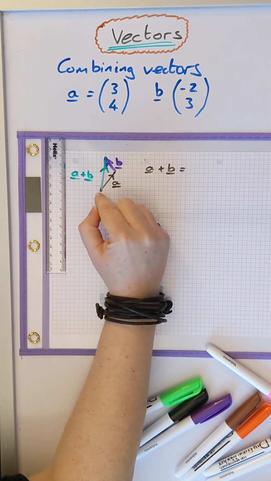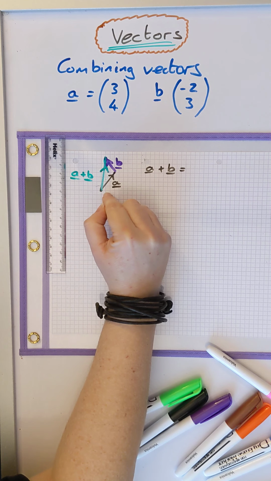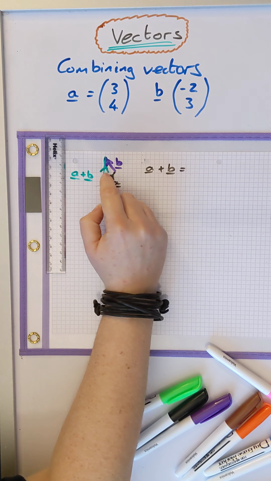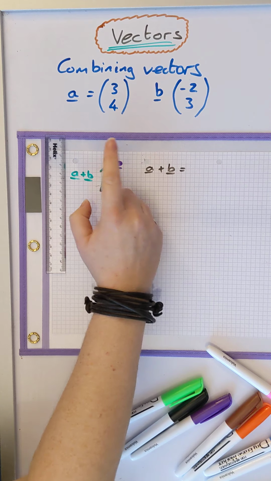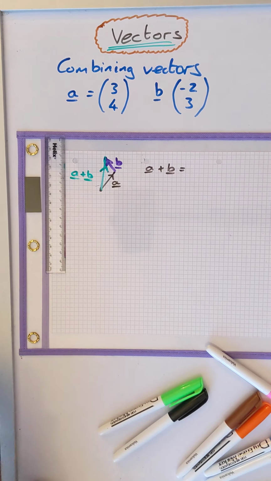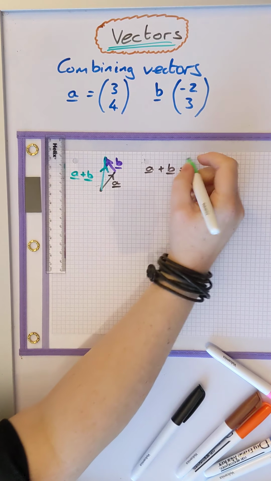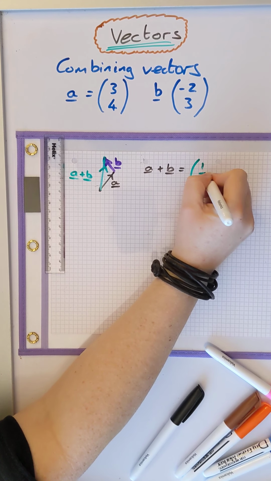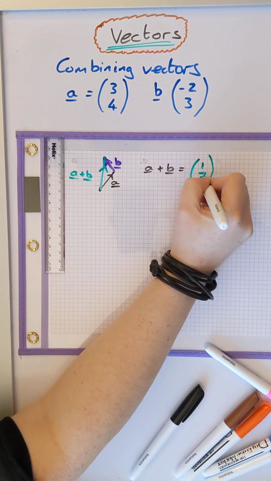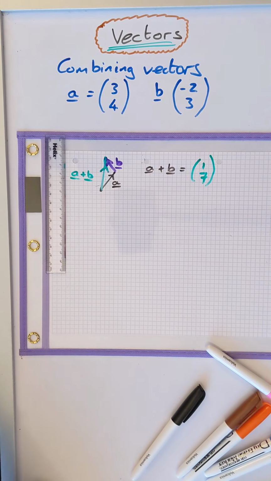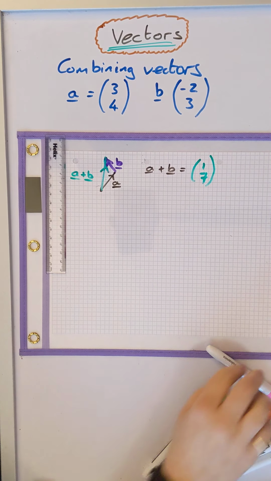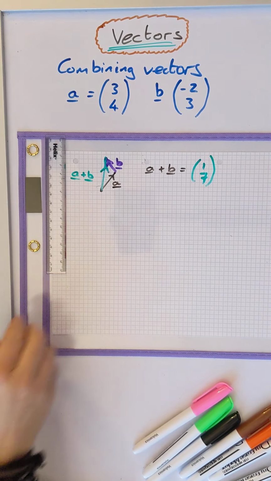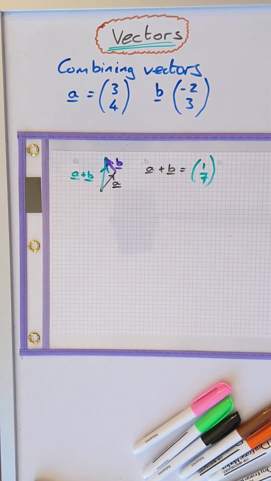Well, it goes 1 in the X and 1, 2, 3, 4, 5, 6, 7 in the Y. But I didn't need to draw it to get that information. You will from time to time be asked to draw them, so it is certainly worth practicing.